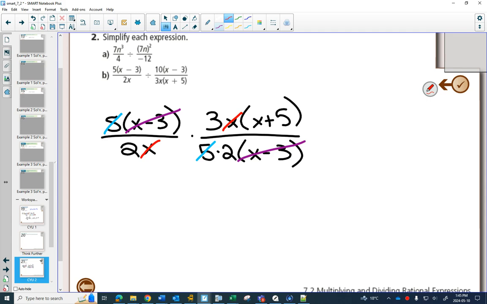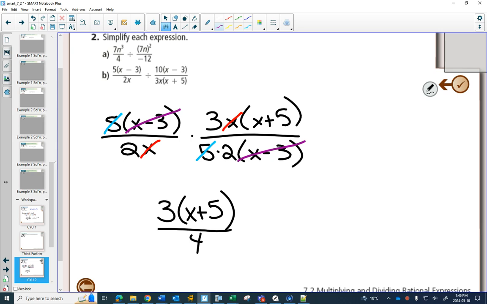They're in different fractions, but they're both on the bottom. In order to have it simplified, you have to have the same in your numerator and the denominator so that it makes it equal to 1. So now what are we left with in the end? On the top, I have a 3 and I have an x plus 5. On the bottom, I have 2 times 2, which is 4.